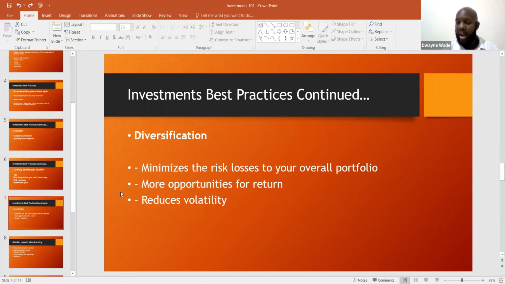What I mean by diversification is simply investing across various asset classes and various assets, right?